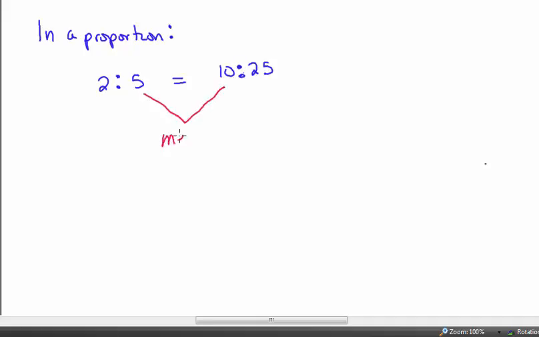We're going to get to method 2 now. Okay, if I write my proportion in this method, like this, using this method, the numbers in the center, those are the means, and the numbers on the outside are the extremes.